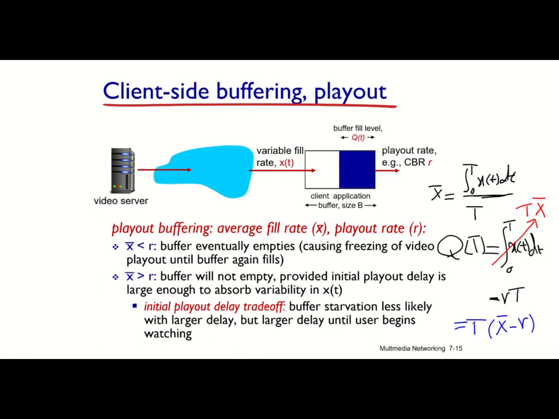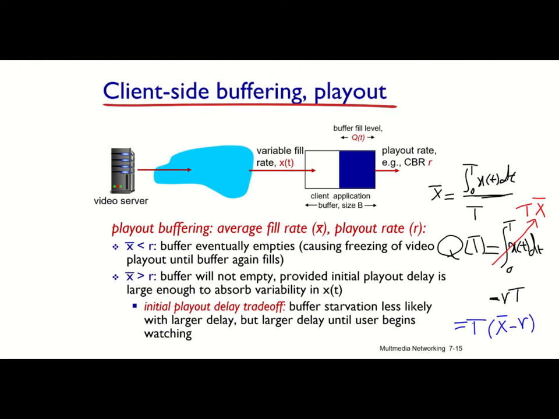But in the case that x bar, which is the average fill rate, is greater than r, which is the constant playout rate, then everything is okay. The buffer will not be emptied, and the way that we can provide this favorable situation in which x bar is greater than r is to have a little bit of initial playout delay.